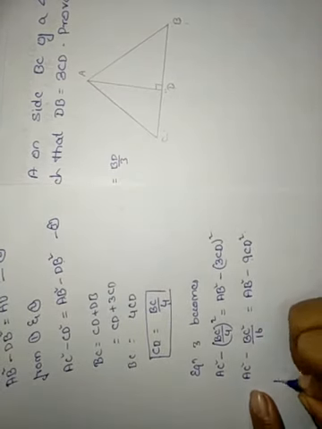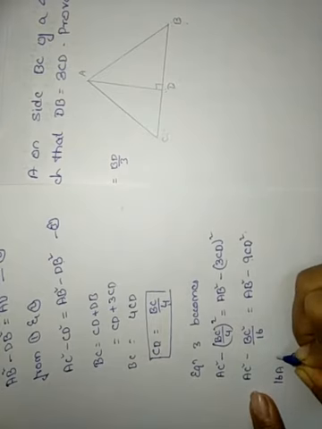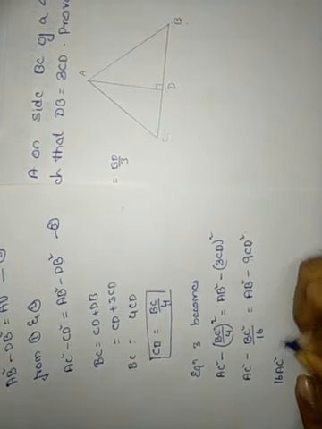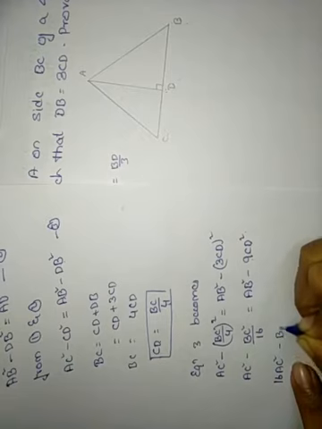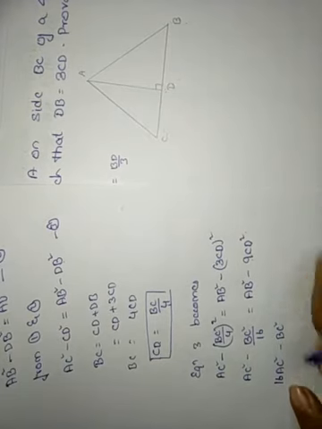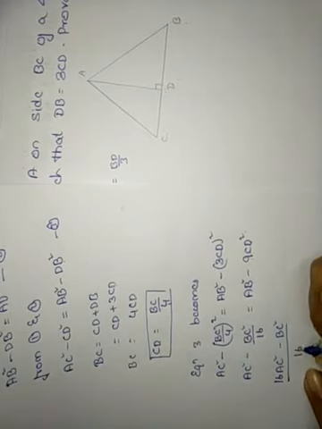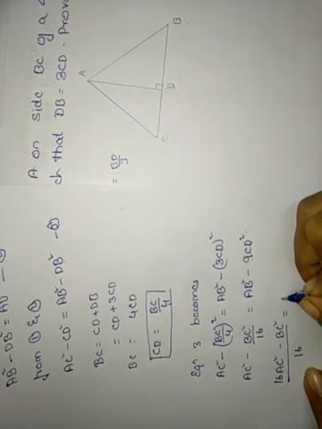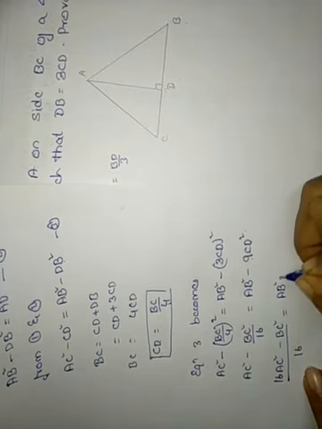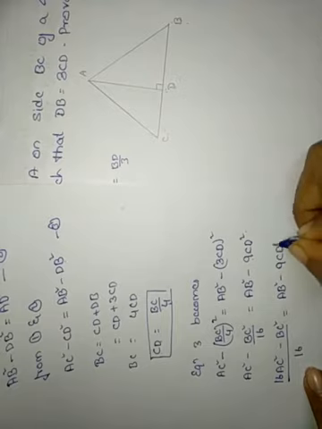Now we'll take the LCM. We'll get 16 times AC square minus BC square. So the LCM will be 16 here. That is equal to AB square minus 9 times CD square.